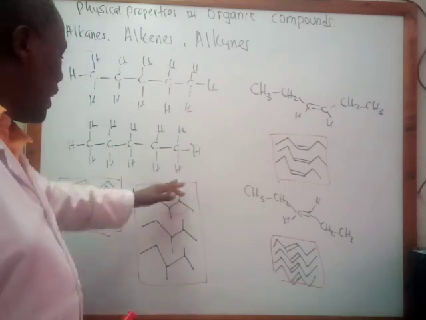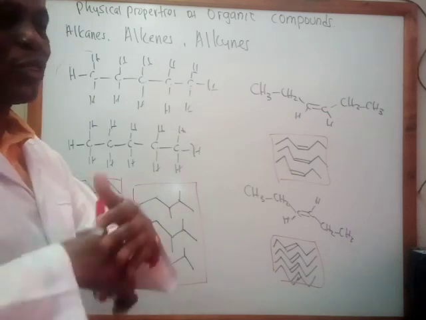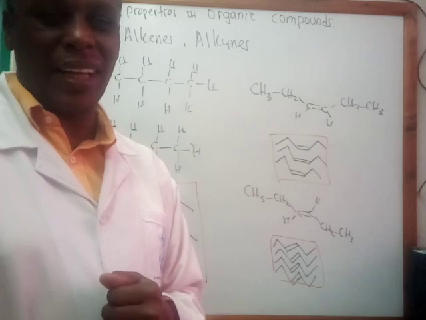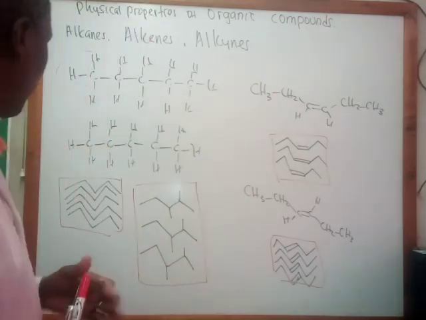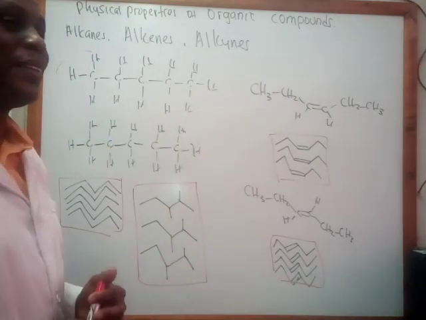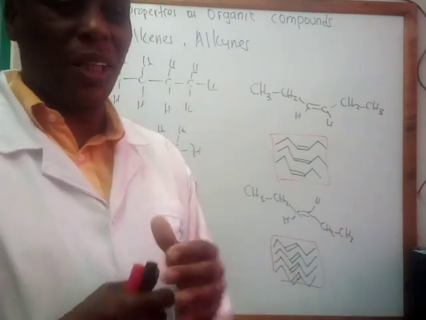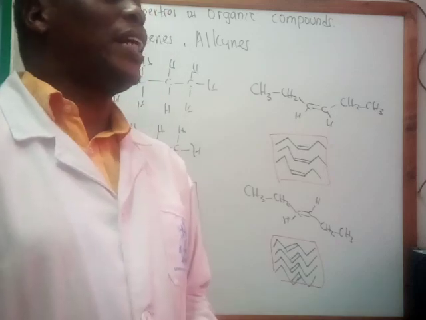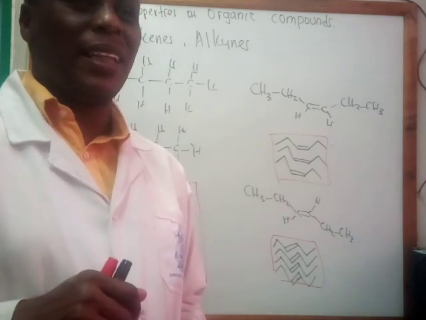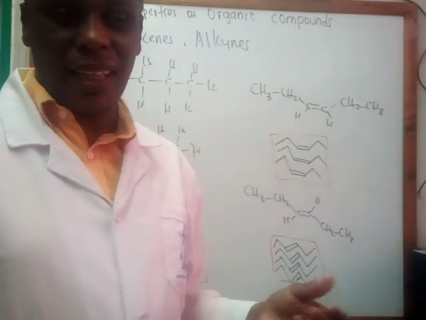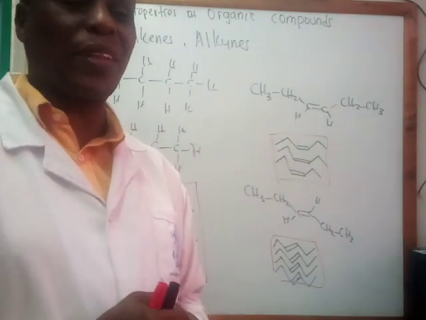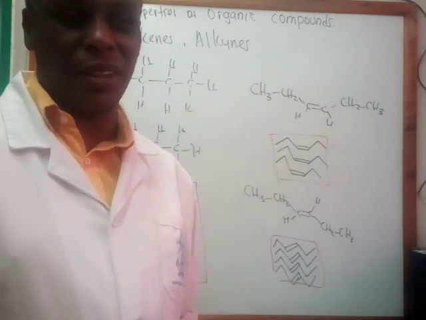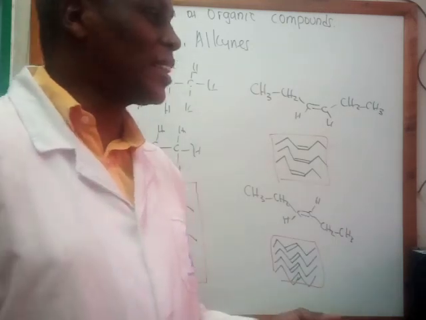So the forces of attraction between the molecules are going to be much less than if there are no branches. It means that the more the branches in the molecule, the less the packing. If there is less packing, that will mean there will be less intermolecular forces, and that will lead to much lower melting and boiling point. What does that tell you?